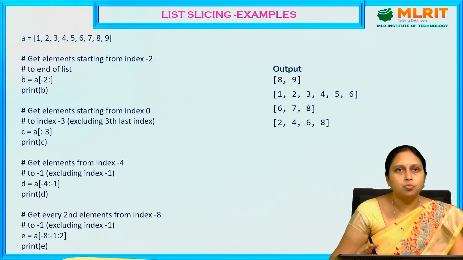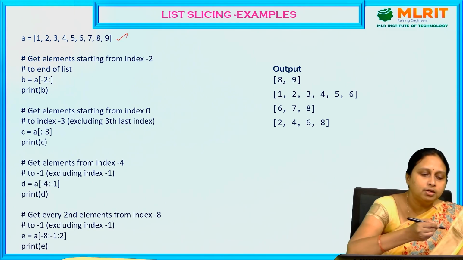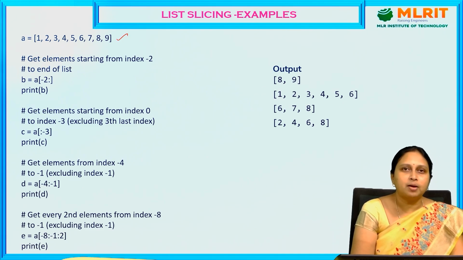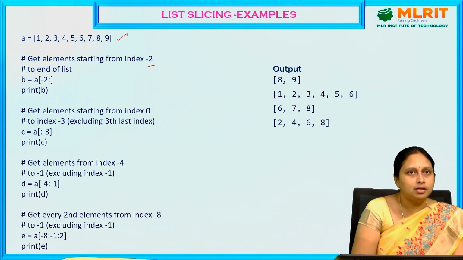Example with output we will verify. Let us see. This is a list where we have been given 1 to 9 elements, the same example we have taken. Get elements from the index -2 to the end of the list. If I give -2 in the list, that is representing the starting index, so it is going to display the elements.